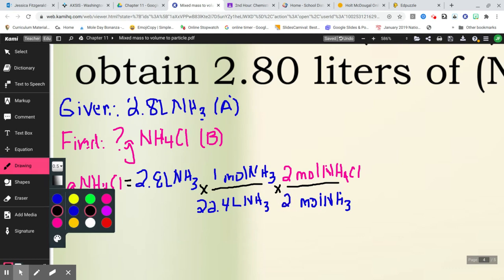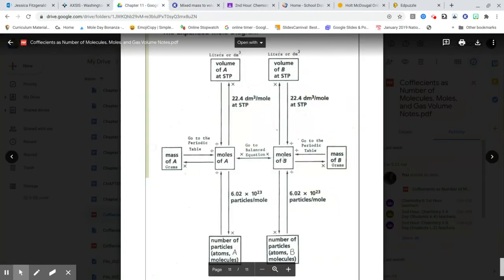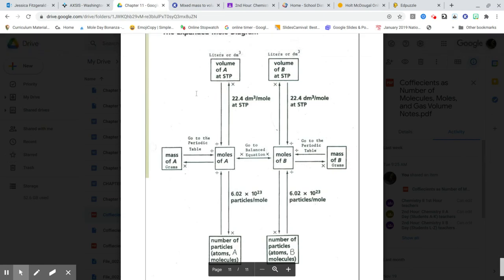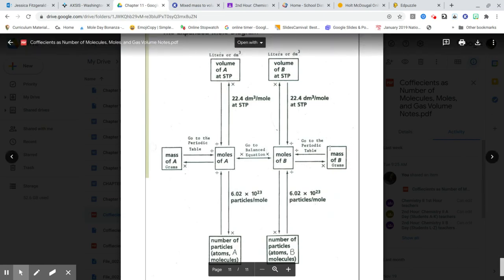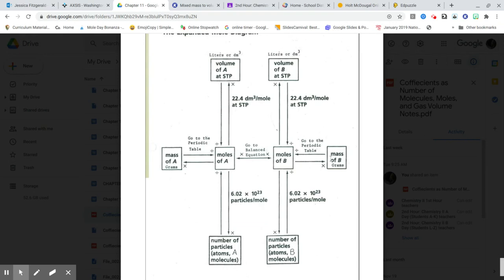So now we are going to convert moles of B down to our mass over here. So moles of B over to our mass.